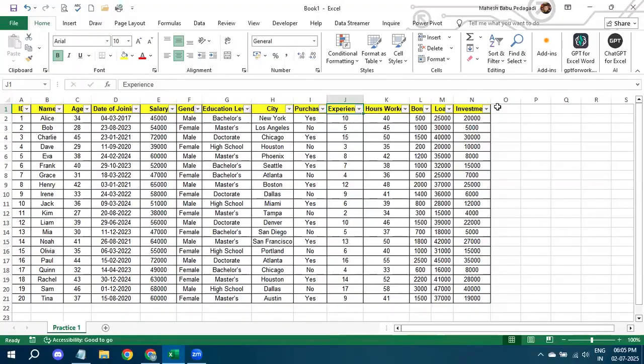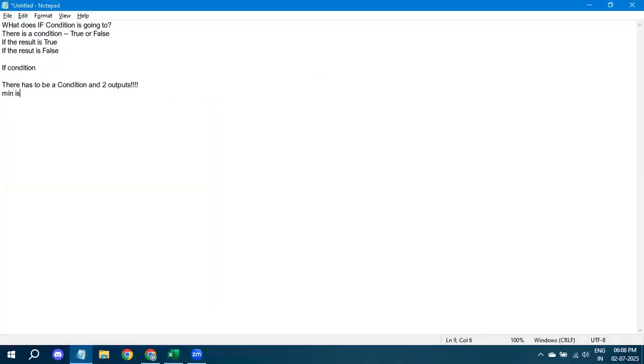Let's create an experience category. Experience underscore category. The minimum value is 2, the maximum is 17. I will mention if a person whose experience is greater than 10 years, I will say he is senior. Less than 10 years, junior.